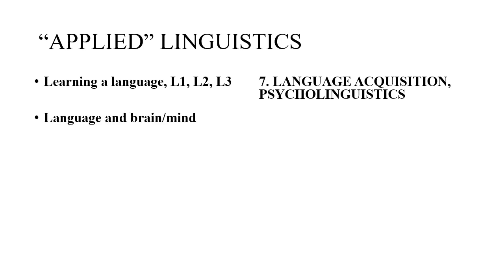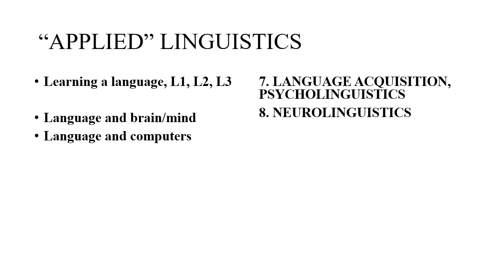Then we have language and brain, and language and mind, and this is neurolinguistics. This is the linguistics of the future. Once we understand how the brain works and what is the connection between brain and mind, this is going to be neurolinguistics. Then we have language and computers.